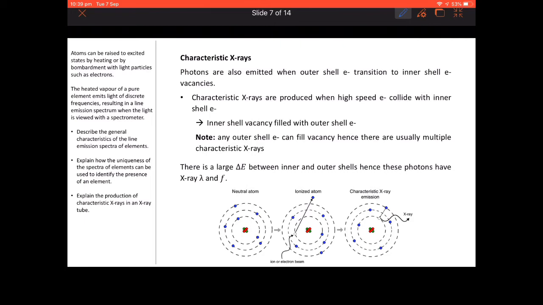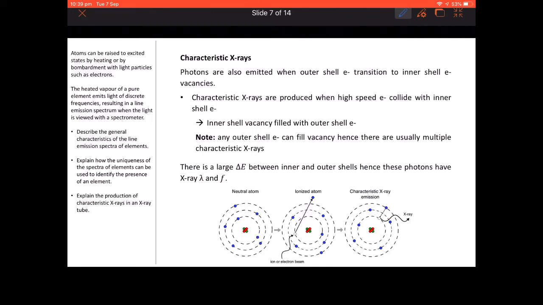Because there's a vacancy, that inner shell vacancy is filled with an outer shell electron, and this can be any outer shell electron. So there usually are multiple characteristic X-rays, because we don't know if an electron from the second shell or the third shell or beyond is going to jump down and fill that vacancy in the inner shell.